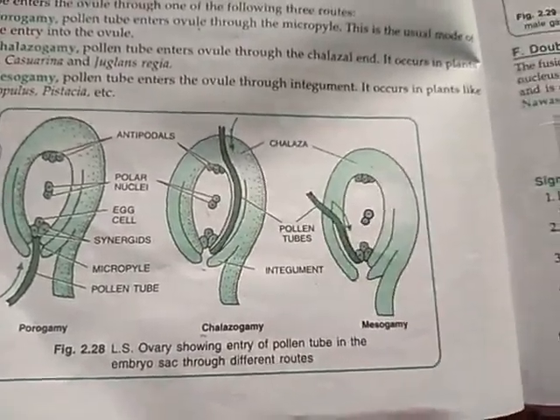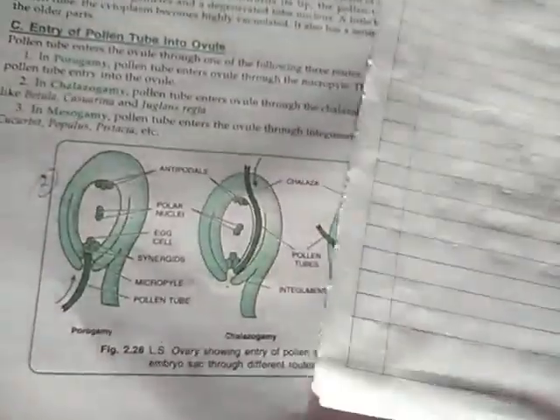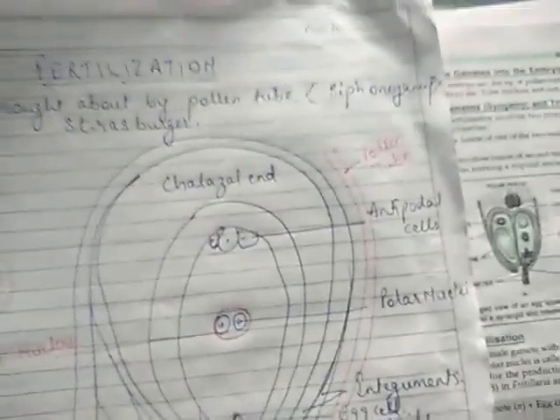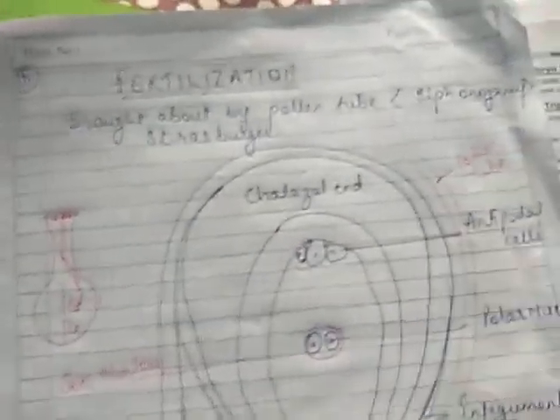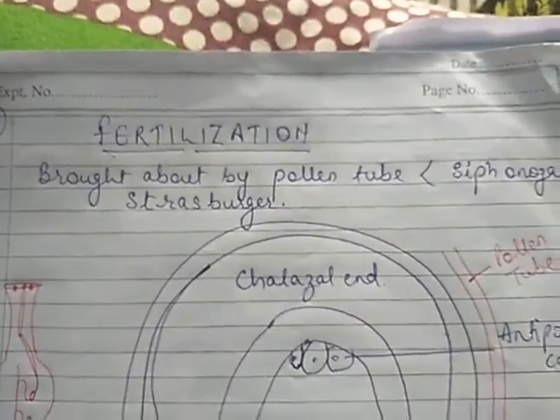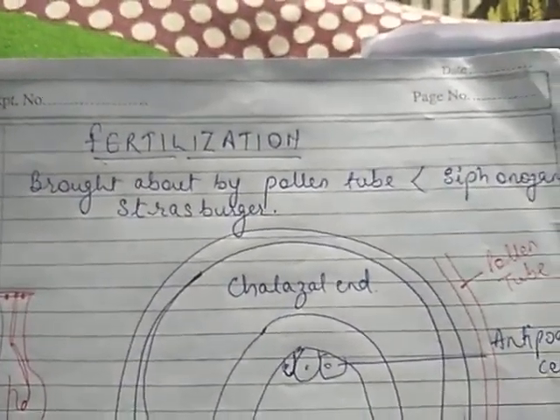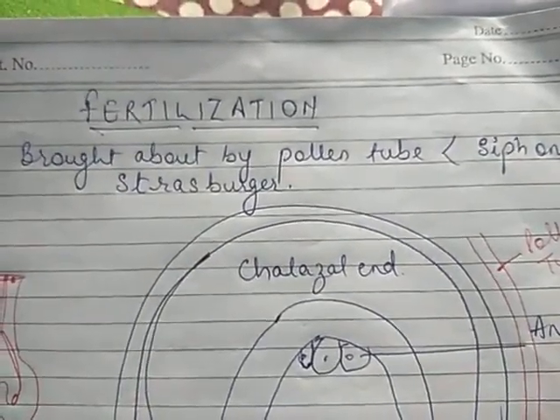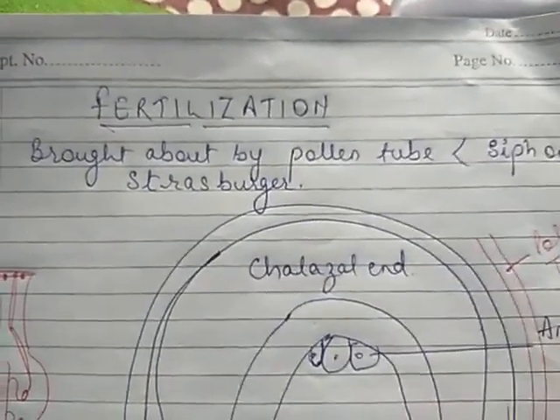Now next, how does the fertilization take place? Now I have already prepared a diagram for you all. Now, first of all, what is fertilization? Fertilization is fusion of male and female gamete to form zygote.